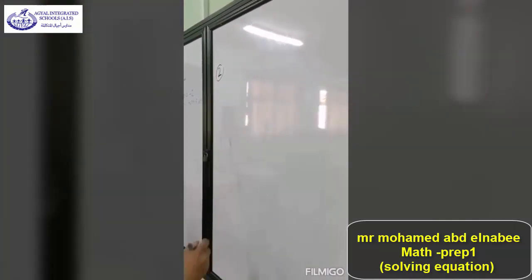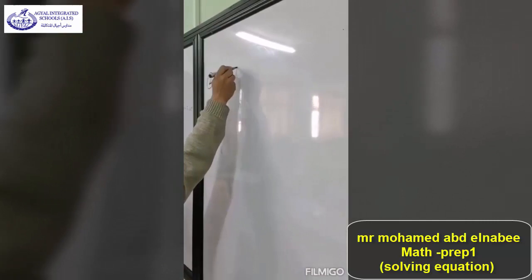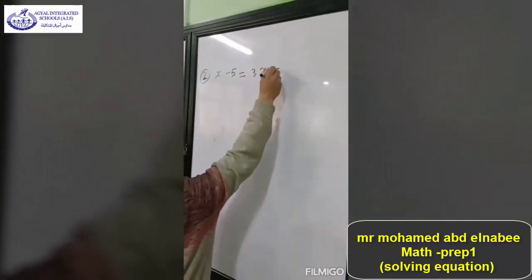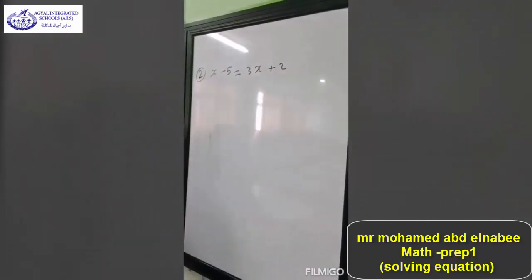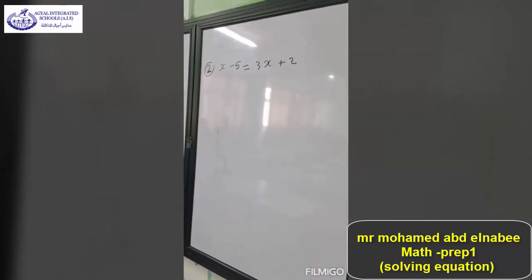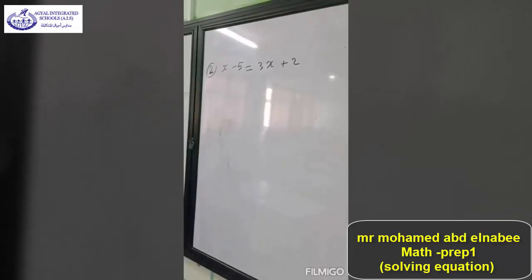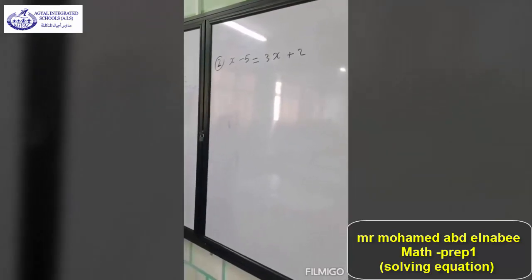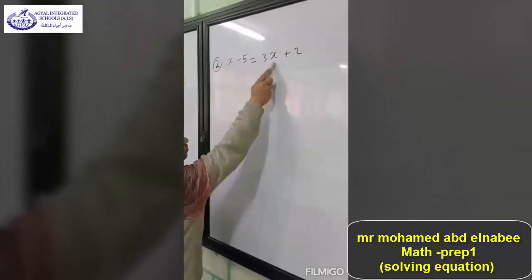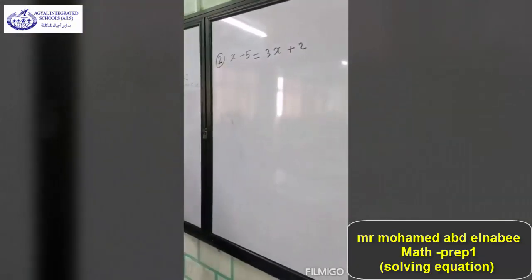x minus 5 equals 3x plus 2. Solving the equation means we need to find the value of x, the value of the variable. Someone asked me, we have the variable on two sides.